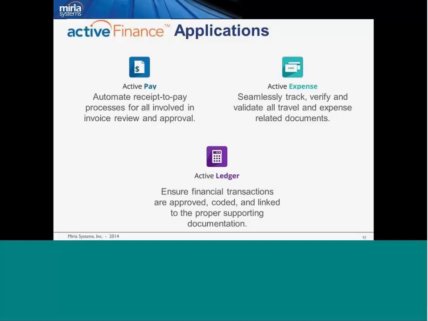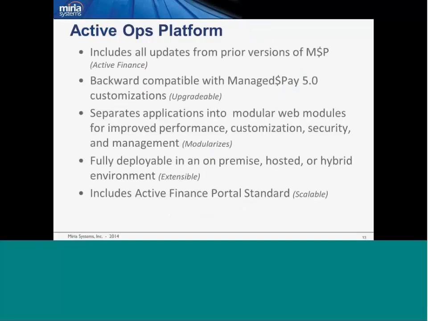And we also offer something called ActiveLedger, which we'll talk a little more detail about, but the goal of ActiveLedger is really to help automate business processes for complex journal entries and help our customers with their accounting close. For the most part today, because this is directed all towards ManagedPay customers, we're going to talk almost exclusively about accounts payable and to some degree expenses, because it's a direct relation to that.